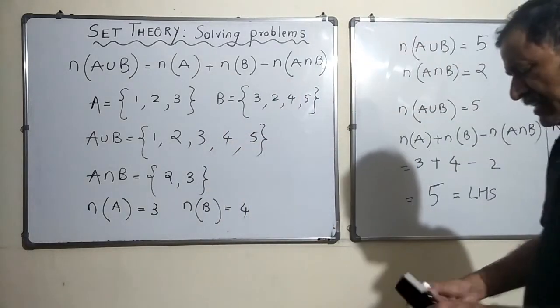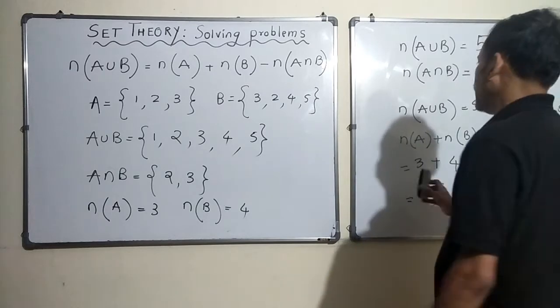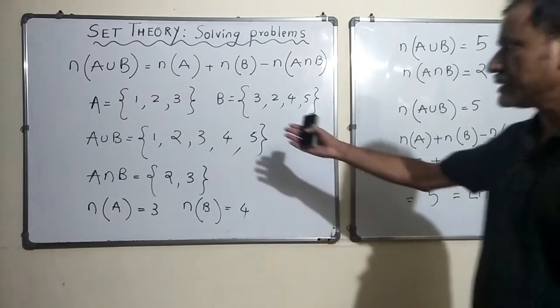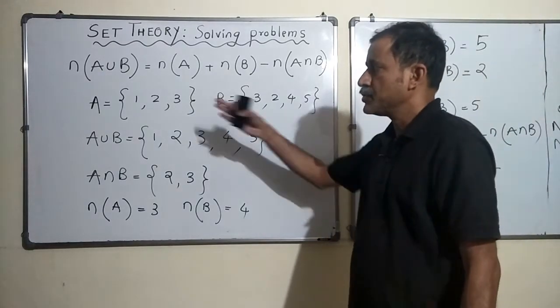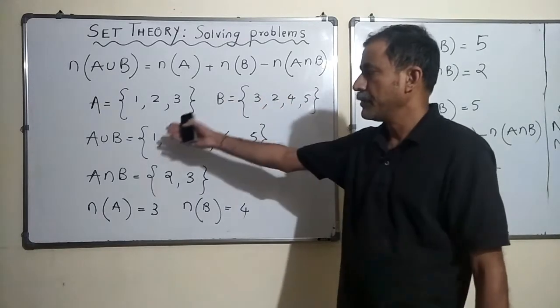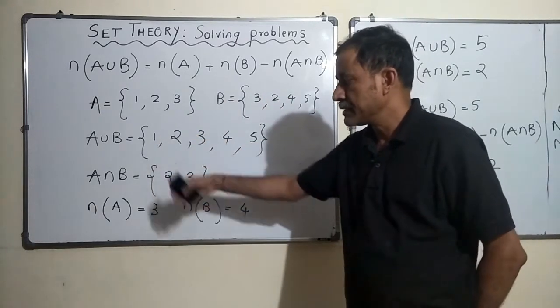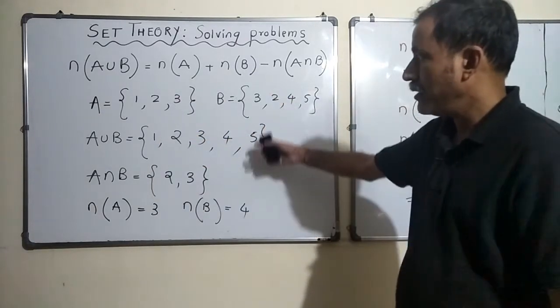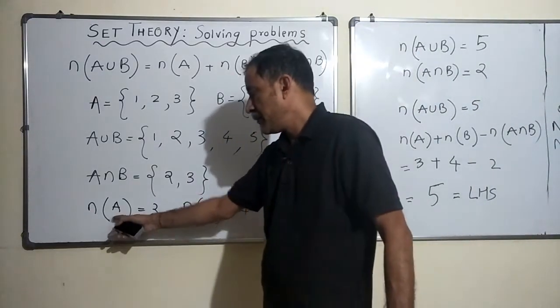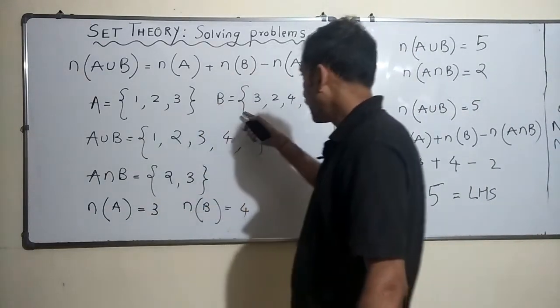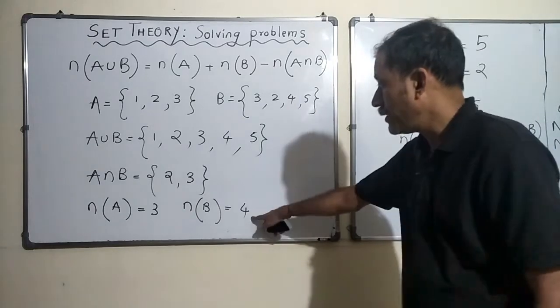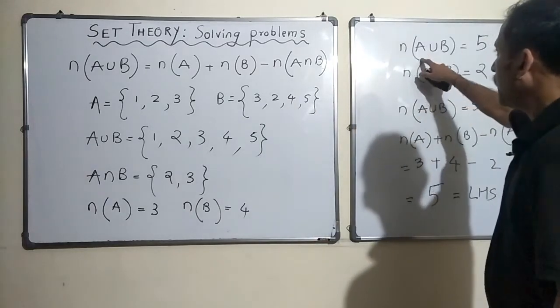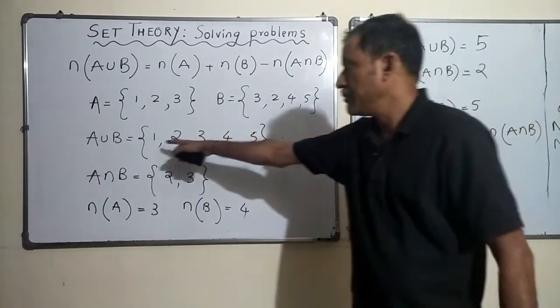So let's try to understand using the Venn diagram. I hope this is clear. We took an example of our choice for set A and set B. We found A union B, A intersection B, and then the number of elements in A is 3, 1, 2, 3, the number of elements in B is 4, 1, 2, 3, 4, which I wrote here. The number of elements in A union B is 5, which we found out, right.